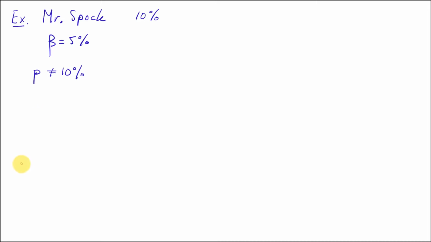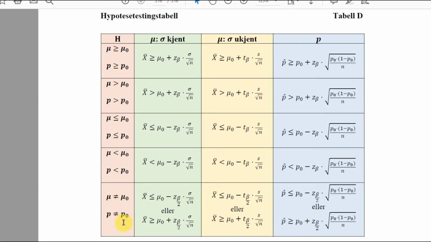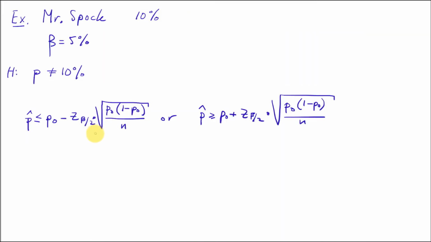Spock therefore examines if he is wrong, so he investigates this hypothesis. Therefore, according to this hypothesis table, he needs to check this condition here. That is this one. Here p0 is 0.1 and z beta half is half of this, so it's z 0.025, which according to the table is 1.96.